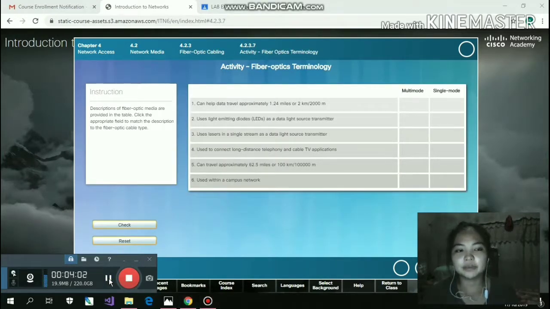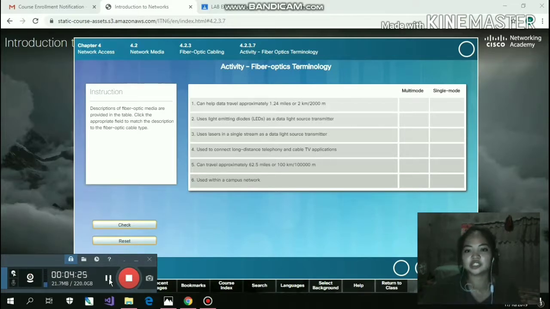So the next activity from chapter 4 is the activity for fiber optics terminology. First, from the description of fiber optic media provided in the table, click the appropriate field to match the description to the fiber optic cable type.